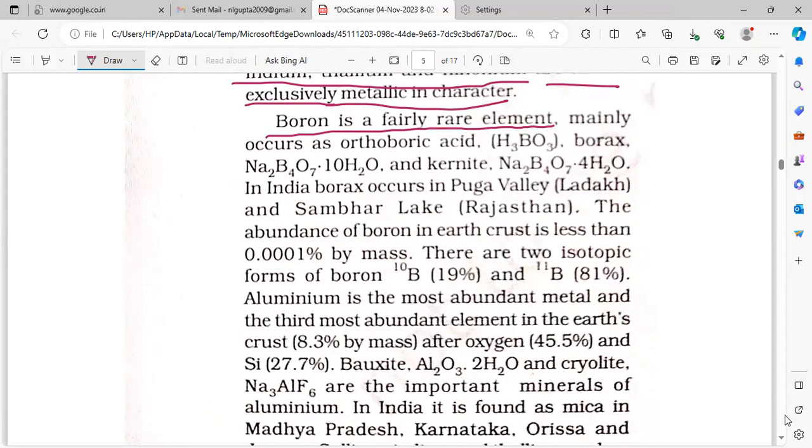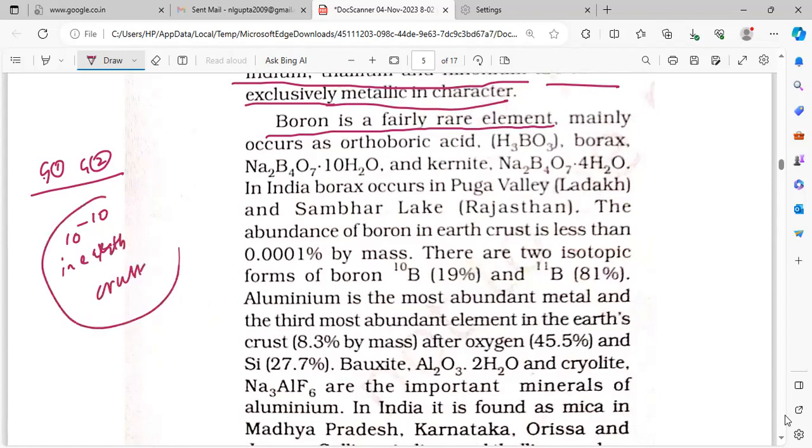Sir, which is the rarest element? Can you tell me, out of what we have studied? We studied group 1, group 2, and we are studying this one. Sir, I don't know. This element is 10 power minus 10 in the earth crust.